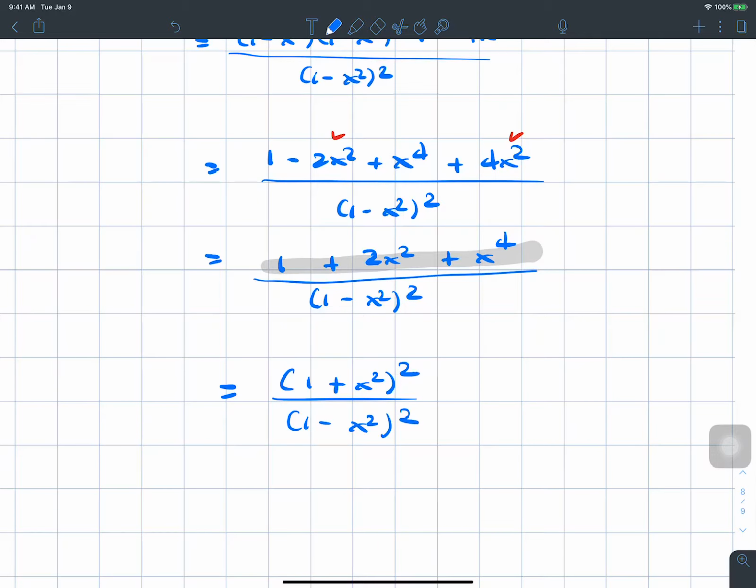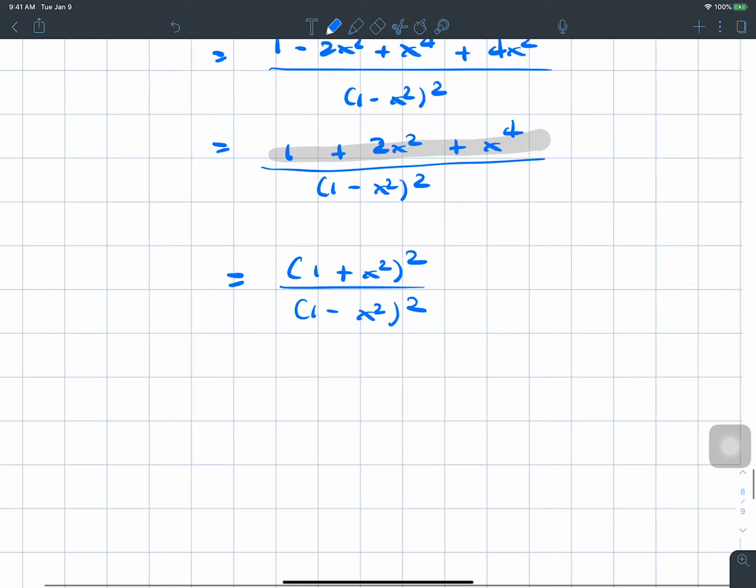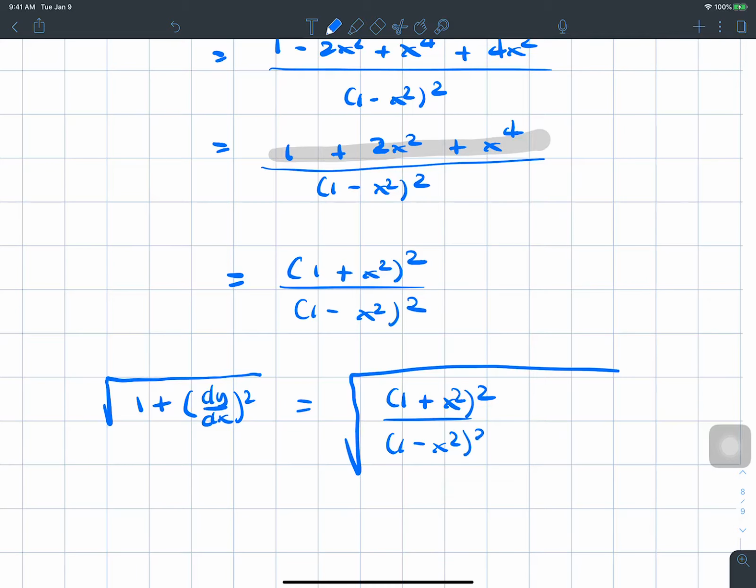All right, now you said this is 1 plus that derivative squared. Aren't I supposed to take the square root? You are. So we have the square root of 1 plus (dy/dx) squared becomes the square root of 1 plus x squared, squared, over 1 minus x squared squared.